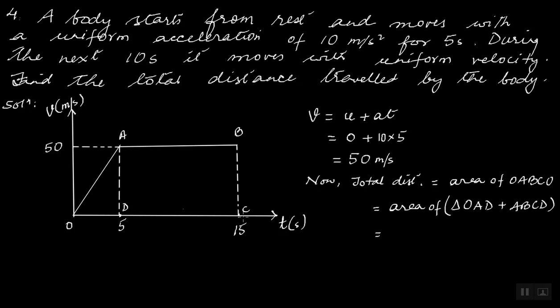Okay, and the area of this triangle we know very well, that is half base into height. Base here is this length, which is 5 minus 0, which is 5, into height. Height is this length here, 50 minus 0, which is 50, plus this rectangle is length into breadth. So length here is how much? This side here will be 15 minus 5, that will be 10, into breadth, and this length here is 50 minus 0, that will be 50.